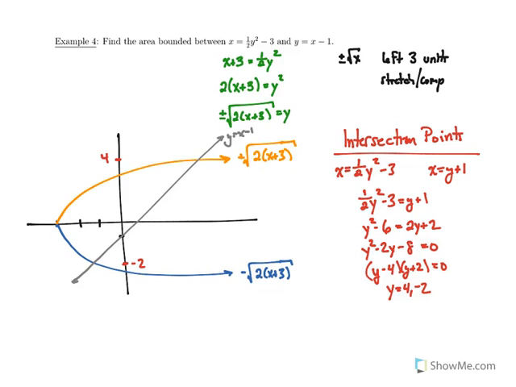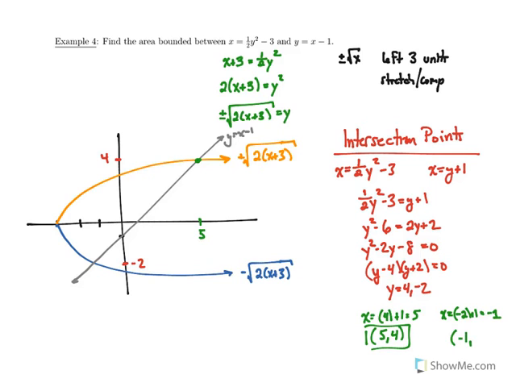And to find the x values, we can just plug into either function. So how about x is equal to 4 plus 1? That's going to give us 5. So that's the point (5, 4). And x is equal to negative 2 plus 1, negative 1.